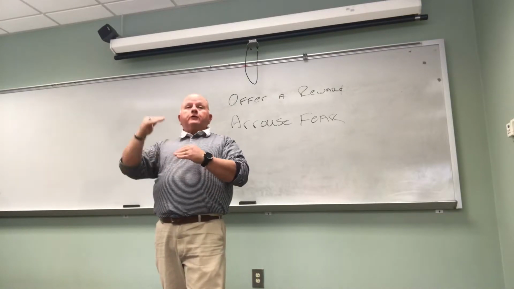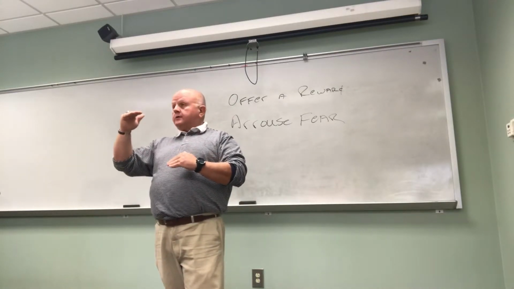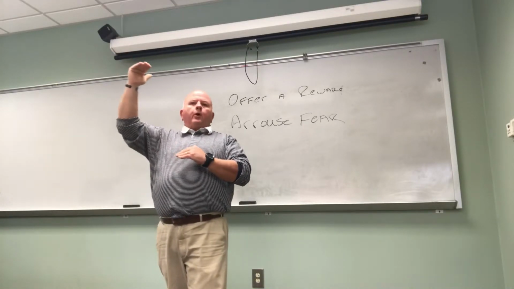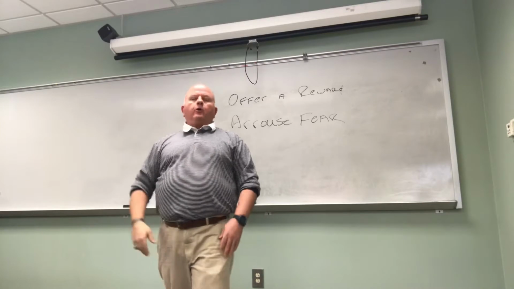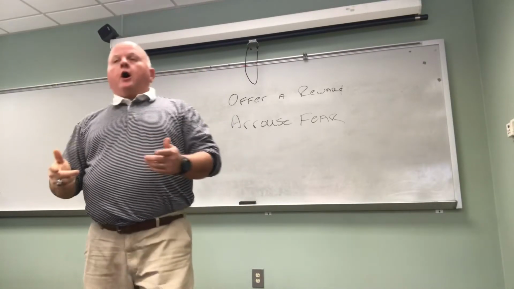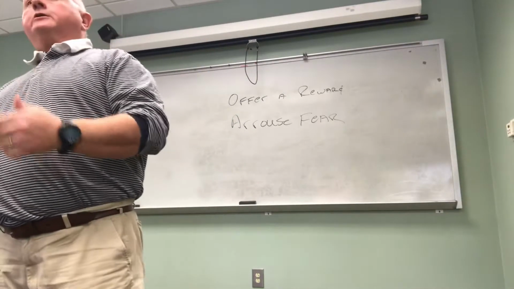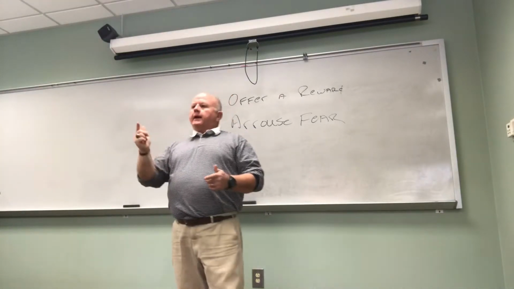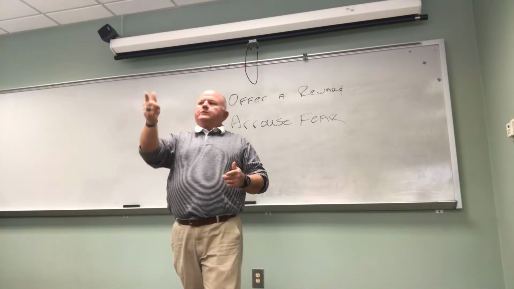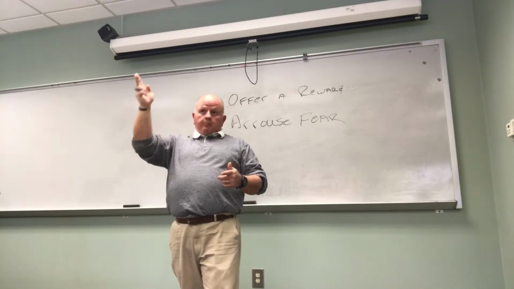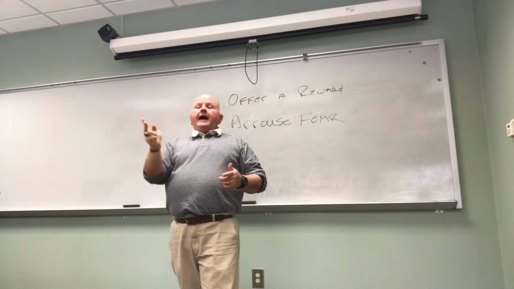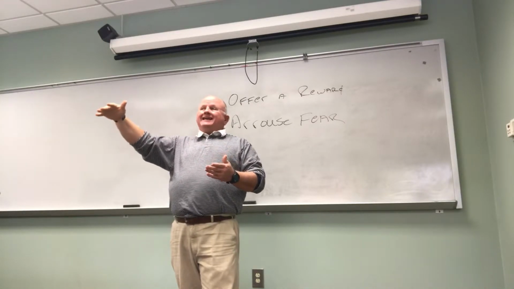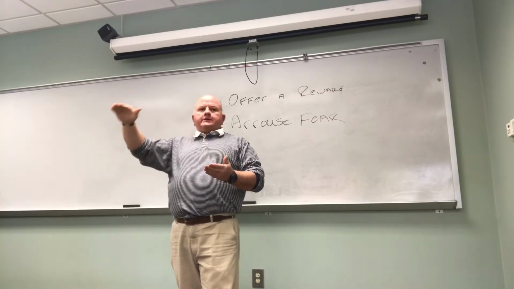That's because fear attenuates. You have to keep ratcheting up the fear, or people aren't going to be persuaded by it anymore. And I will call him out by name this time. I normally don't do this. Donald Trump started his campaign by labeling every immigrant from south of the border a rapist and a murderer. That worked for a while, and then we're coming up to the 2018 elections, and that fear has attenuated.